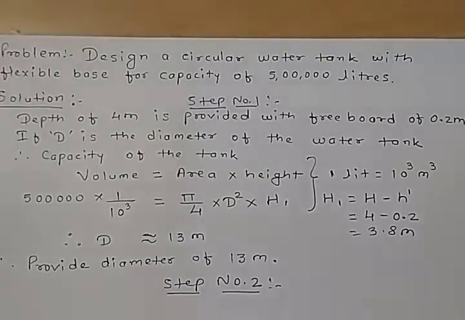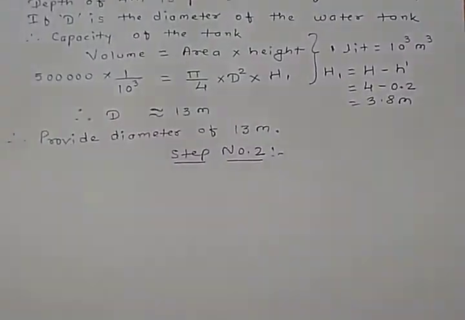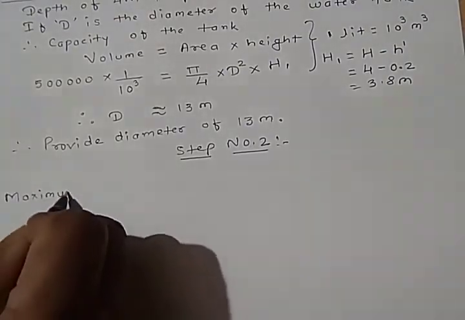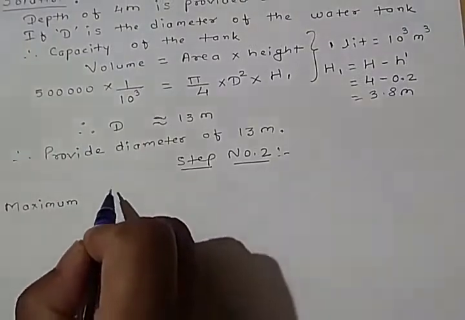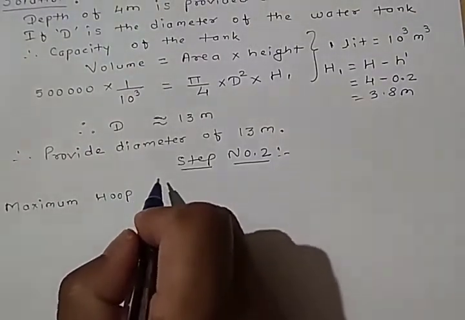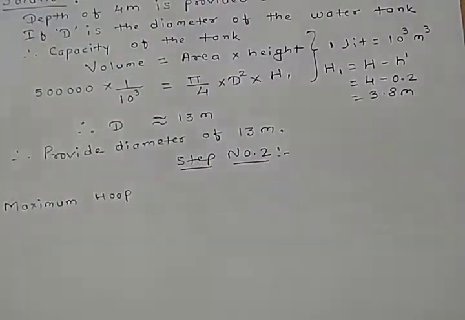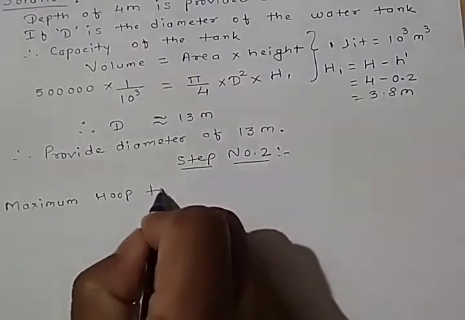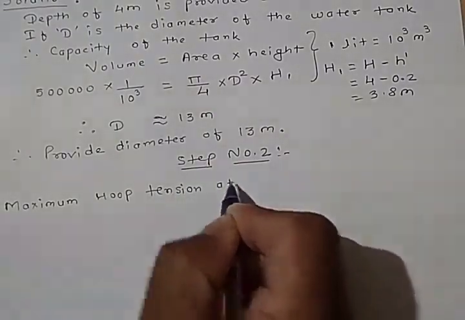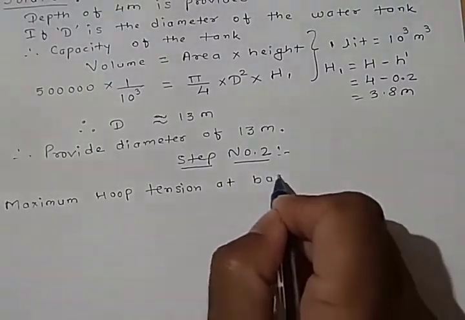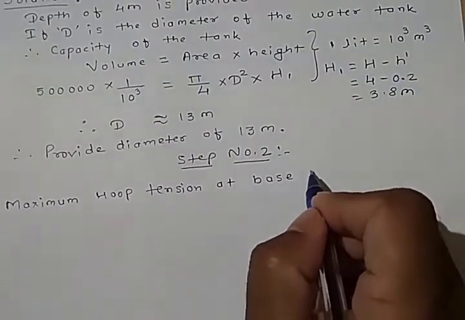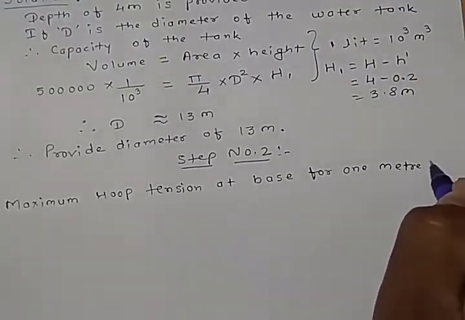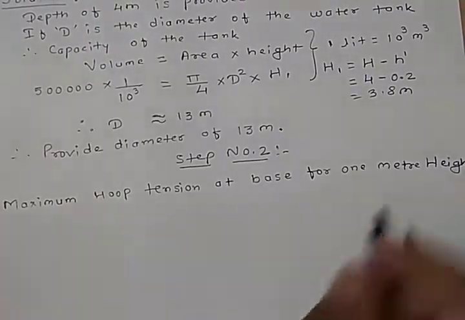So you can write down maximum hoop tension at base, which is the maximum, and we need to consider only 1 meter height.